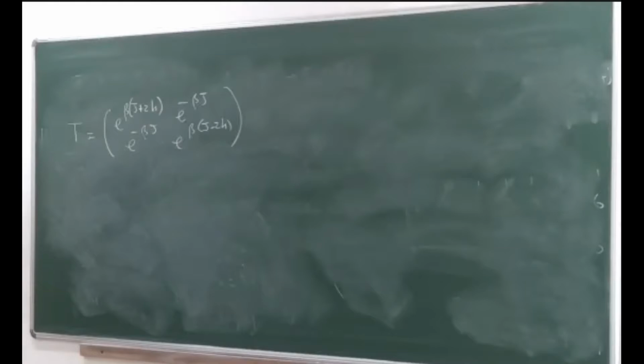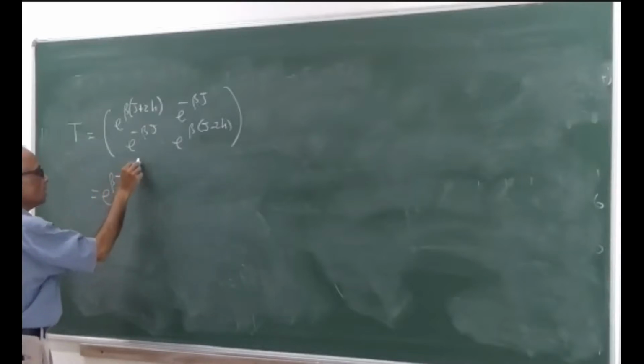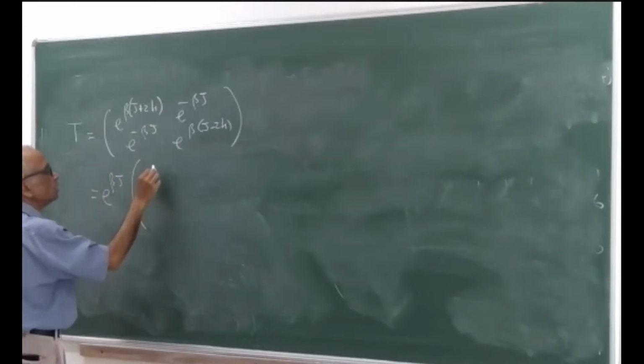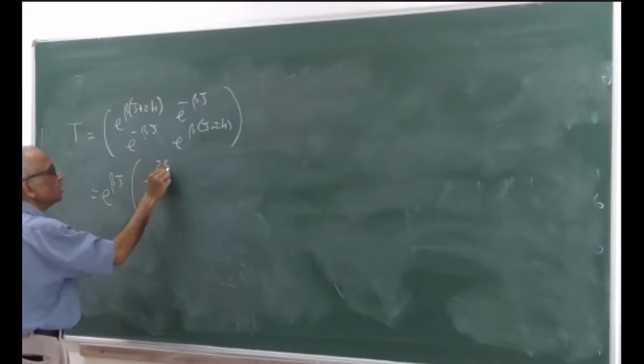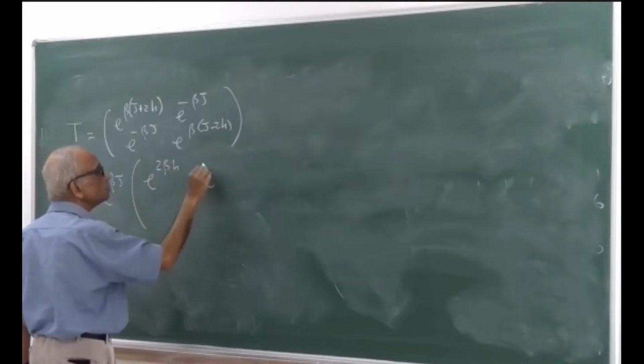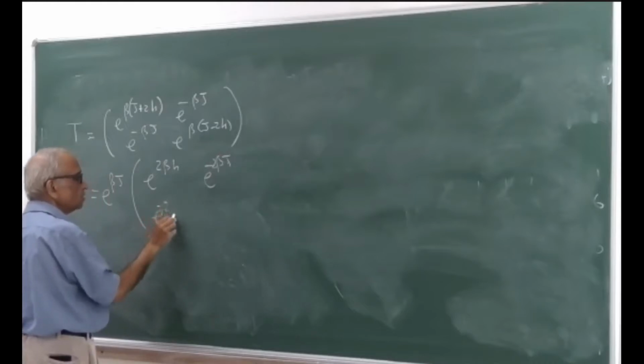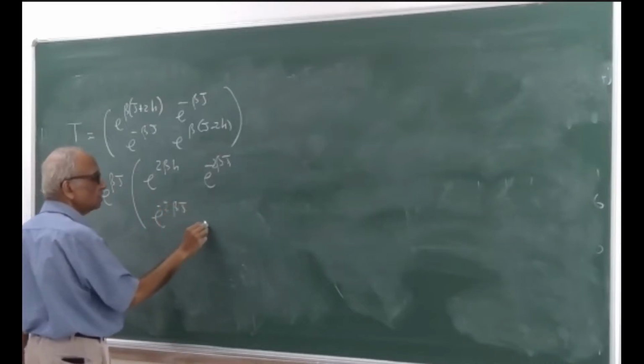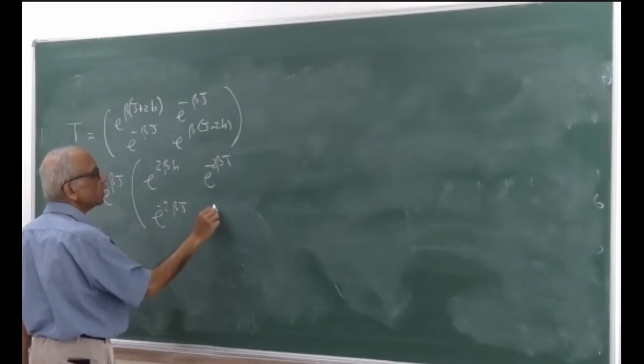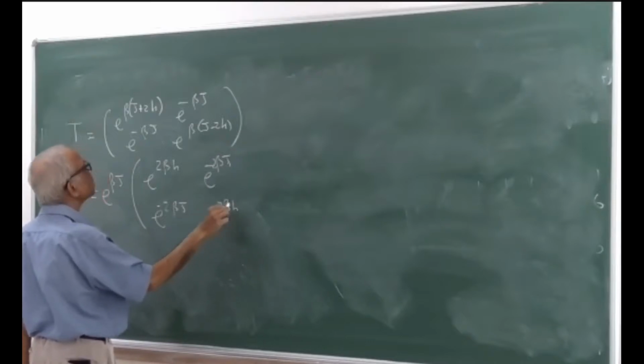Let me factor out a constant part, which is e to the power beta J, and look at e to the power 2 beta h, e to the power minus 2 beta J, e to the power minus 2 beta J, e to the power minus 2 beta h, right?